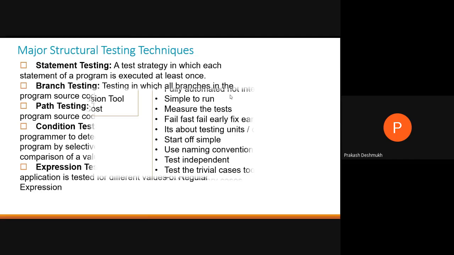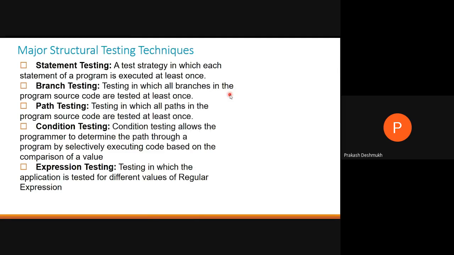So what are the major structural testing techniques? Statement testing, branch testing, path testing, condition testing, and expression testing. In statement testing, each statement of the program is executed at least once. When you are doing testing, you are focusing on a small code chunk, and there you will see each line is tested because each line is important.